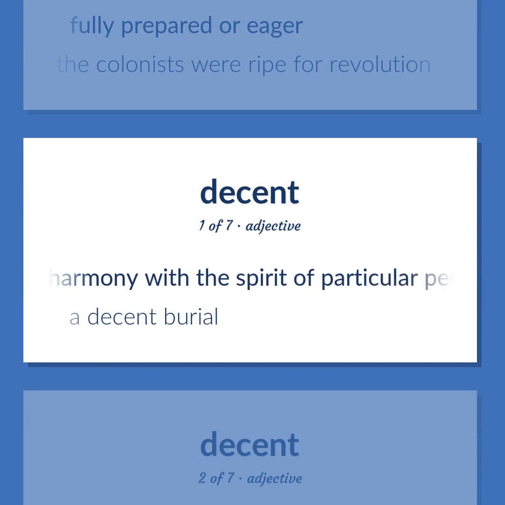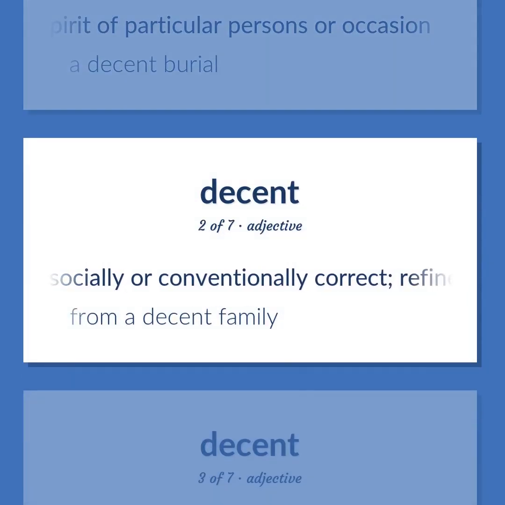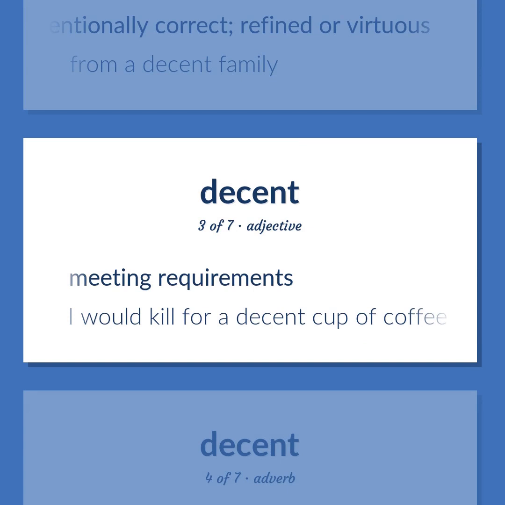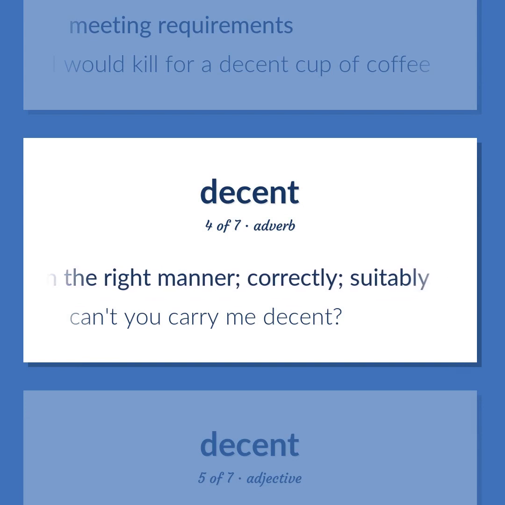In harmony with the spirit of particular persons or occasion. A decent burial. Socially or conventionally correct, refined or virtuous. From a decent family. Meeting requirements. I would kill for a decent cup of coffee. In the right manner, correctly, suitably. Can't you carry me decent?